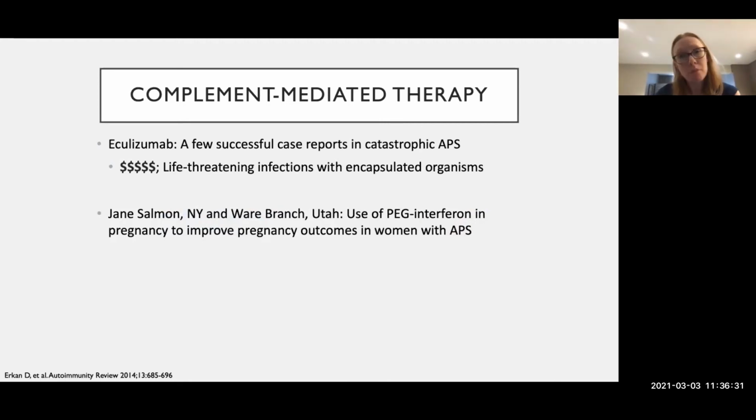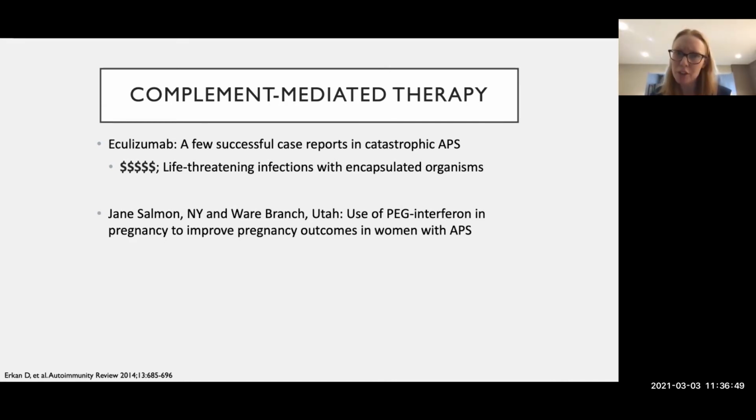So there are complement-mediated therapies. Eculizumab has been used successfully in patients with catastrophic APS, but only a handful, and these are successful case reports; whether that's successful in all cases or not, we don't know.